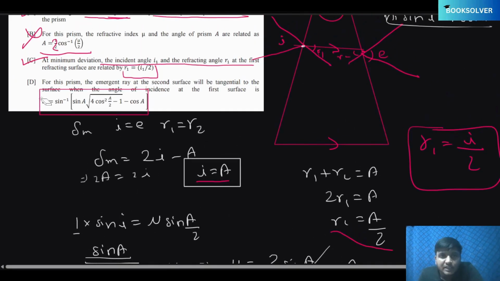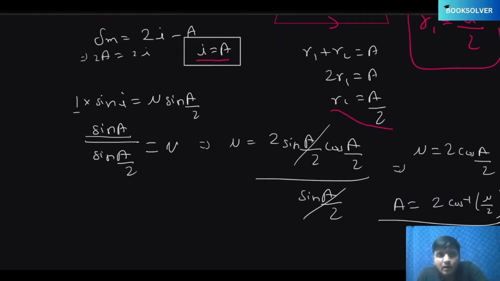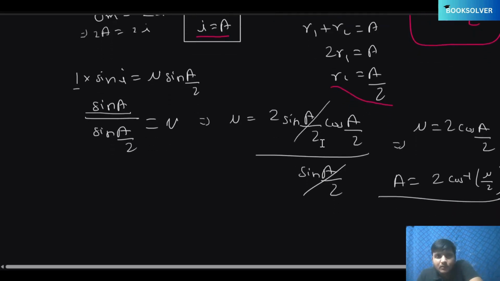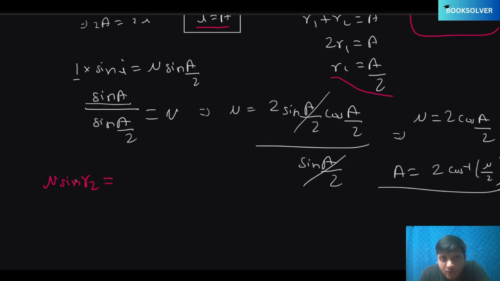So we have to tell the relation between I and A. Okay, so we cannot use any other term. So how will we relate this? First of all, at that surface we can write for R2: mu times sine of R2 will be equal to 1 times sine 90.